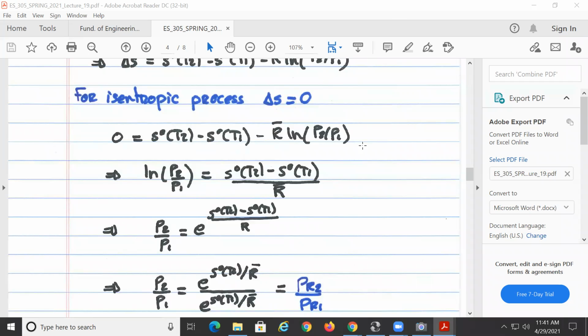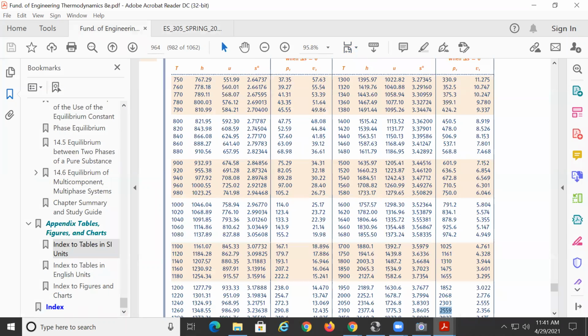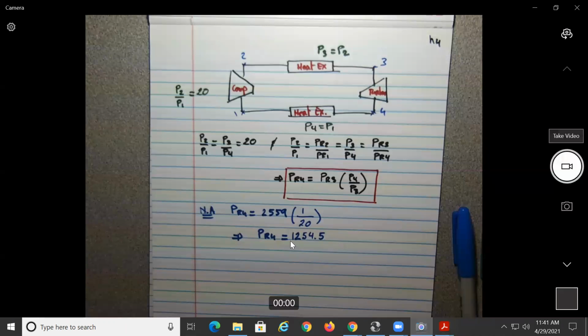Okay, so now, I'm going to let you do it: how do we find H4? We need to go to table 822 and interpolate, no? Okay, for this one, which is 1,254.5.